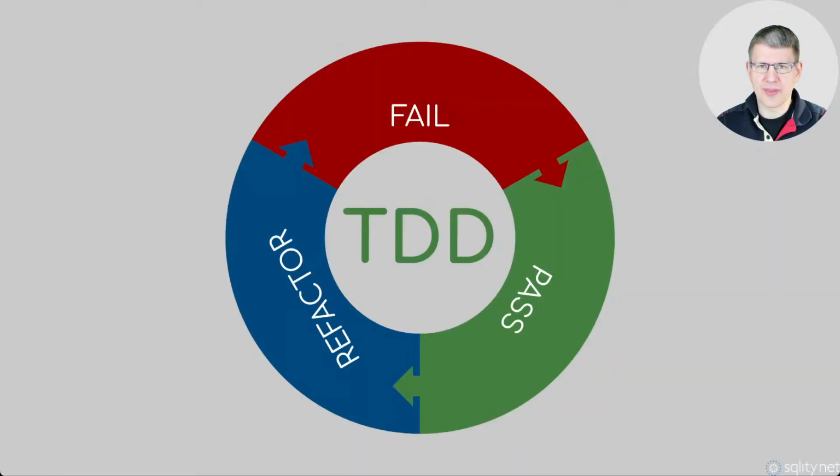So let's look at what the cycle looks like. You start out by writing a test for some small thing. Like, think about you're testing a method, and the method is supposed to add two numbers. Let's pick something simple.